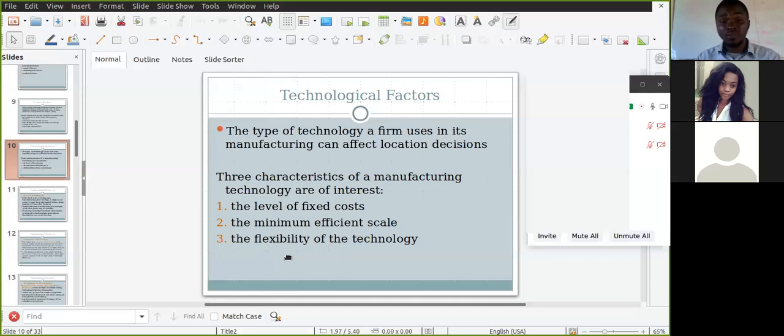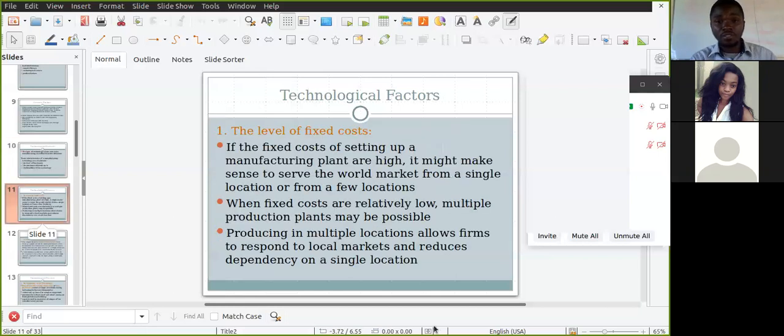You're using a lot to produce more. You need to use fewer to produce more. And the flexibility of the technology. How can the technology be flexible in terms of creating products? Is it able to produce a given number of products if people have shifted their interest from a given product to another? Are you able to also shift from that product you are producing at first to another product?